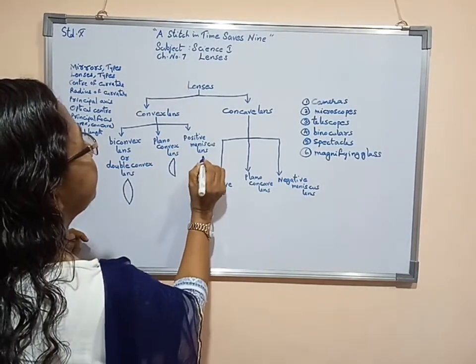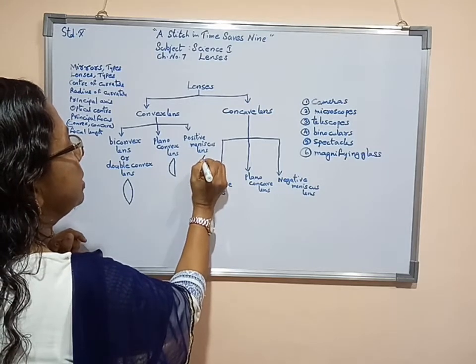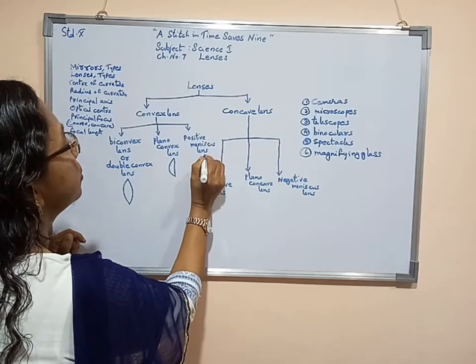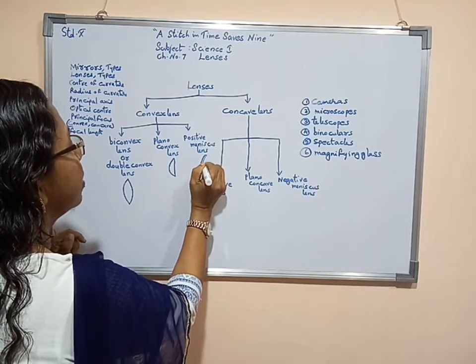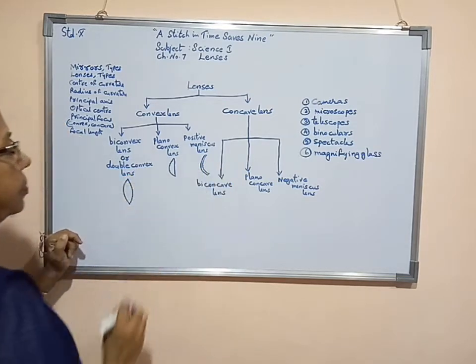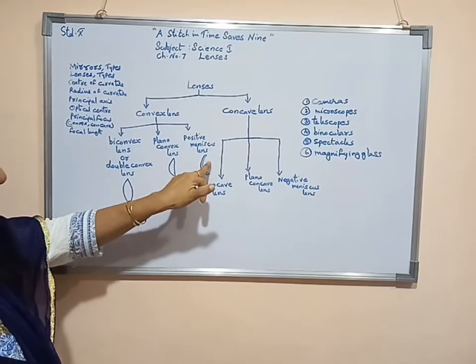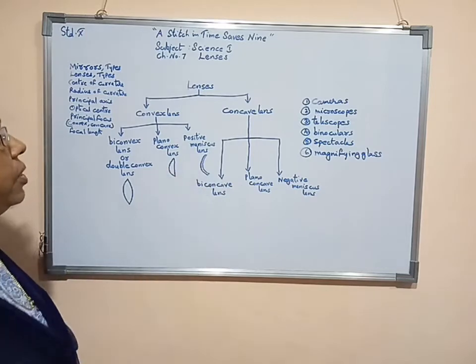Positive meniscus lens, its speciality is that one part will be convex, then the other part will be concave. So one side will be convex, one side will be concave.